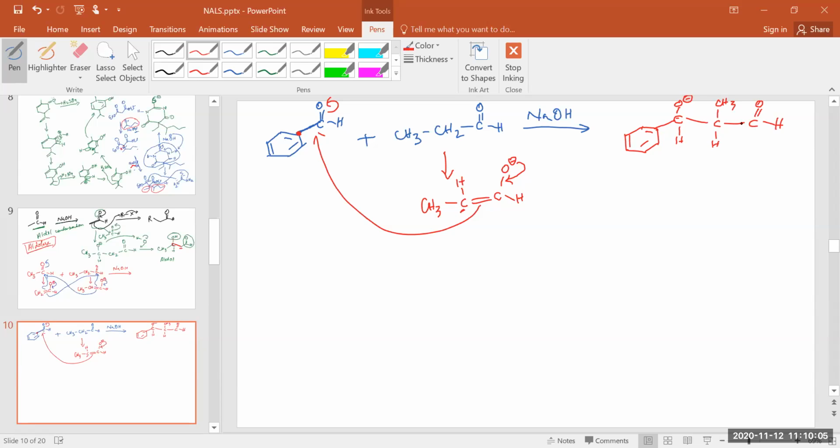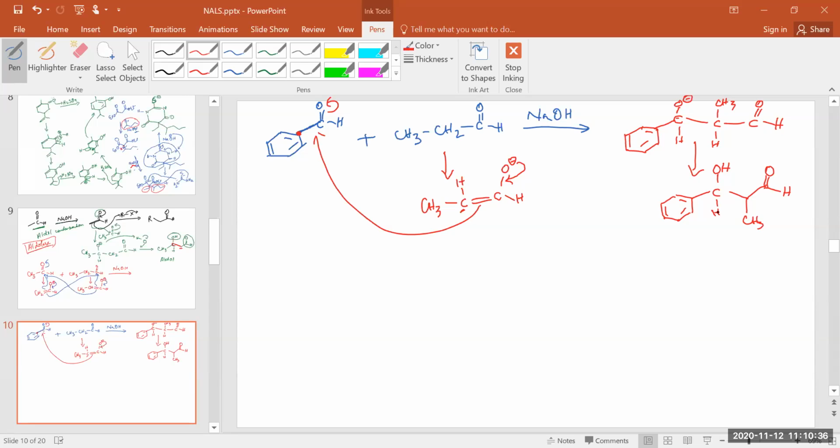And this, after accepting a proton, will make OH. I'm not writing the hydrogen, just CH3, and then aldehyde. So this is the reaction of two different aldehyde molecules.